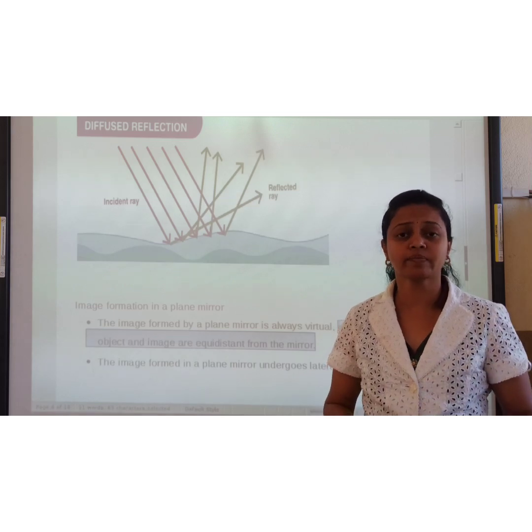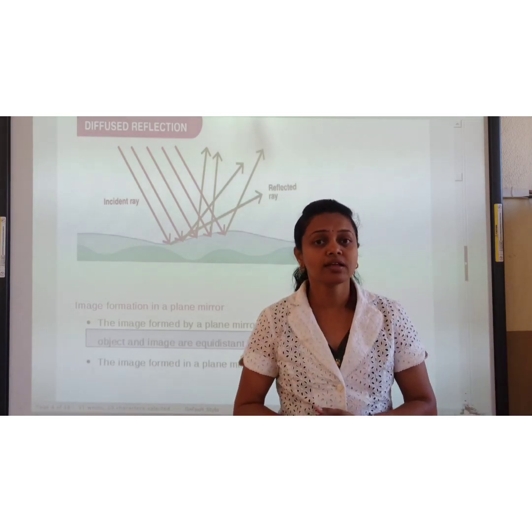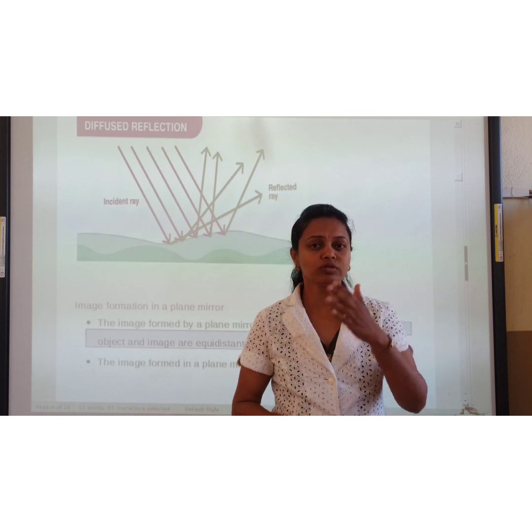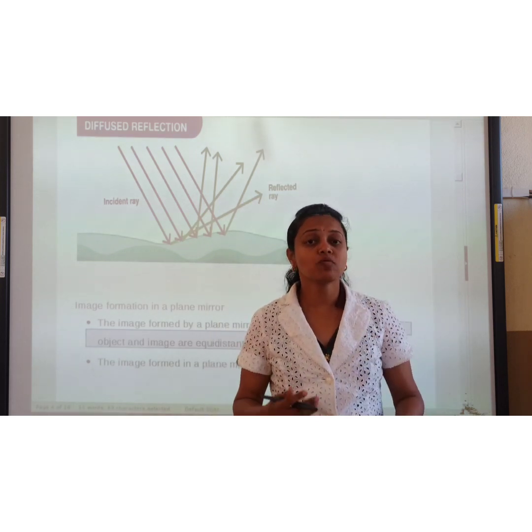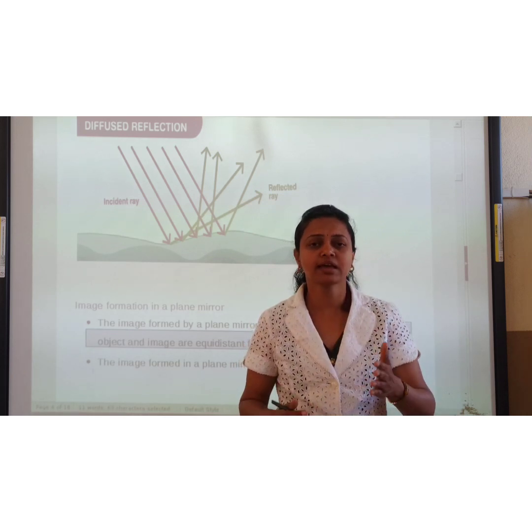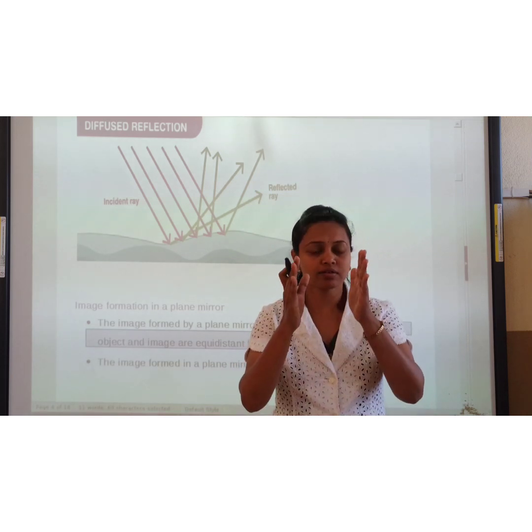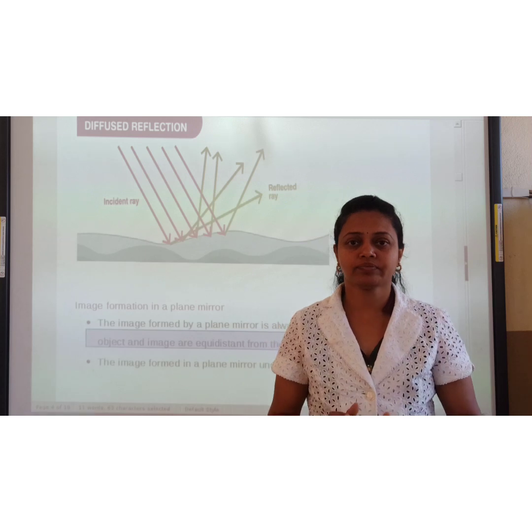Equidistant means, dear students, take day-to-day life examples. When you look at yourself in front of the mirror, whatever distance you are standing at, from A to Z, it will be shown accurately.